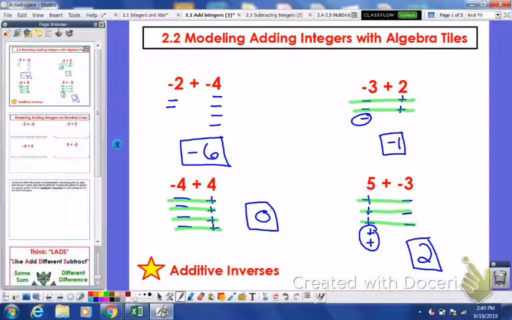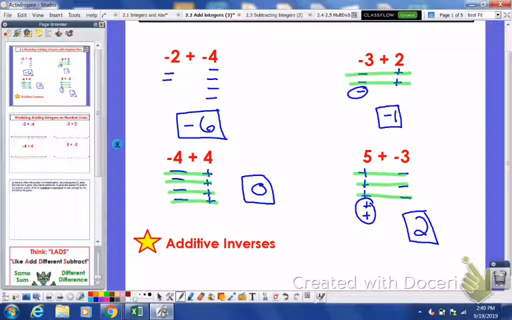Which brings us to our little star here at the bottom. Hopefully you can squeeze this in. An additive inverse is an integer and its opposite.